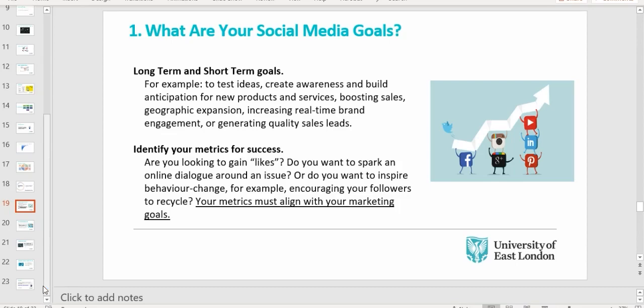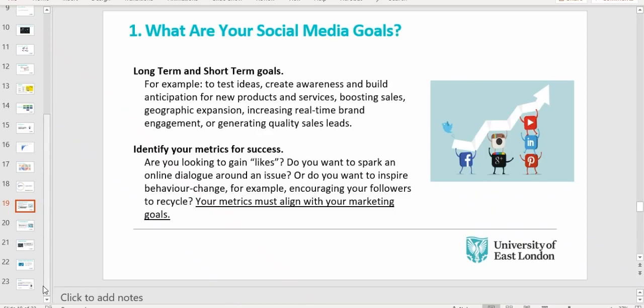So you have to understand what it is you want to achieve in the short term and in the long term. So in the long term, maybe you want to create a stronger relationship with them. And if you want to create a stronger relationship with them, it means that maybe you have to generate continuous content which would be relevant for them and with which they would be constantly engaging.